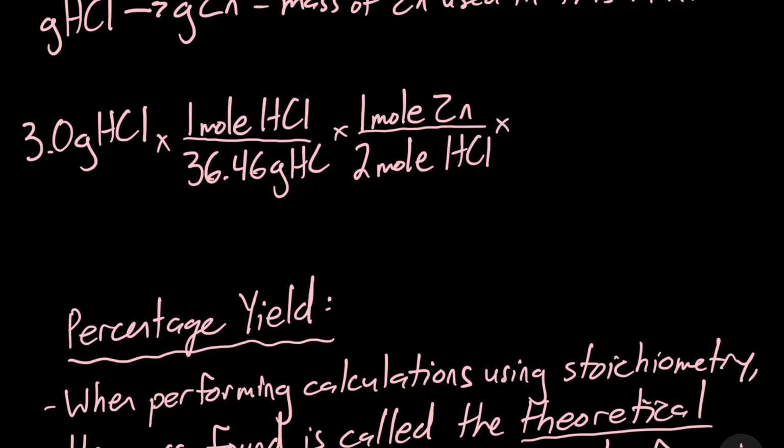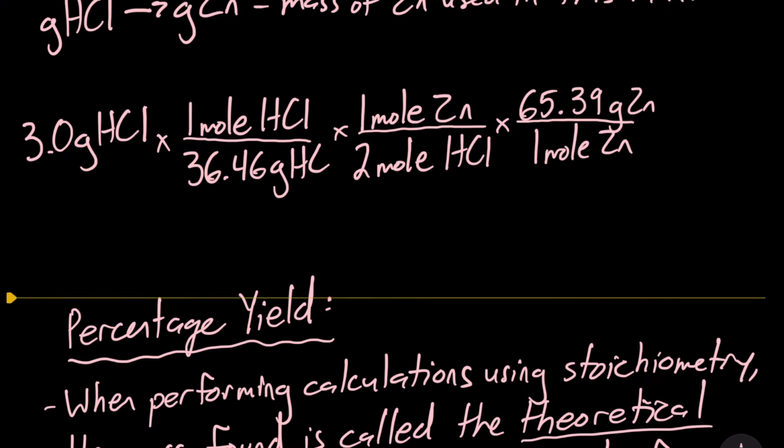Perfect. And we just have one more step, which involves the molar mass of zinc, which we have 65.39 grams of zinc, and that's just over 1 mole of Zn. Okay, so again, that is going to get us the amount of zinc used in this reaction.